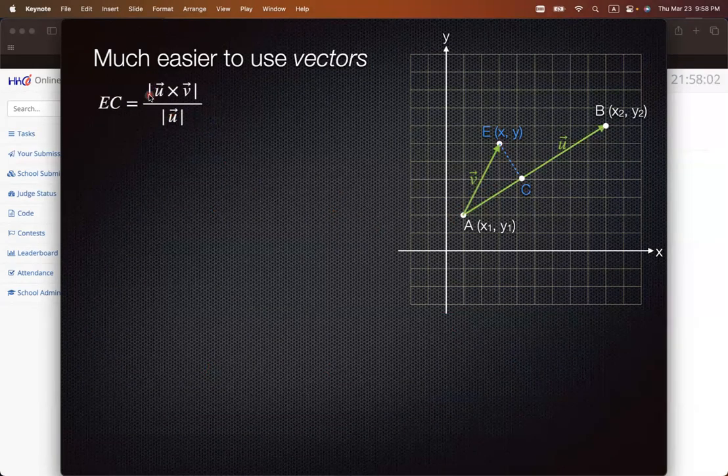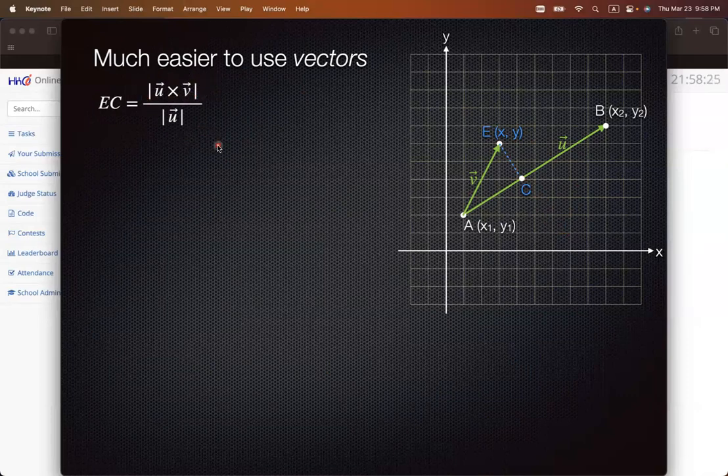And we take the absolute value because the cross product comes with a sign, i.e. if E is on the other side of the vector U, then the cross product would give us a negative number. But here we're just concerned with the absolute distance between E and C, no matter which side it is on.